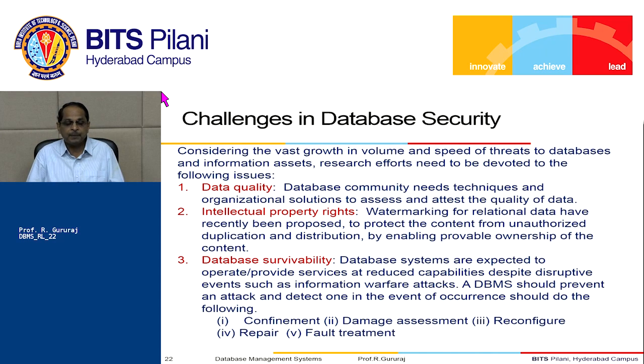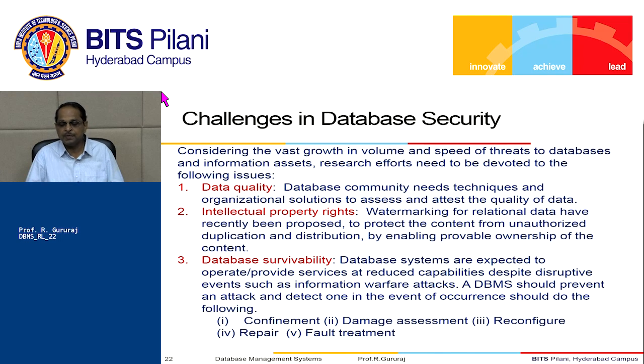Database systems are expected to provide services at reduced capabilities despite disruptive events such as information warfare or attacks. That means when an information attack or warfare happens, then the system, though it is not working at its full potential, is expected to provide minimal services even under those situations.